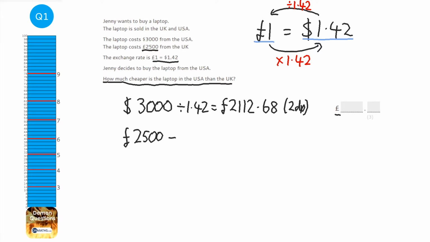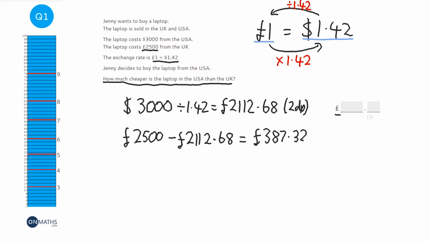We're going to take away the £2,112.68, and on my calculator I'm just going to type in 2,500 take away answer and then press equals, and it gives me the answer of 387.32. So it's £387.32 cheaper.